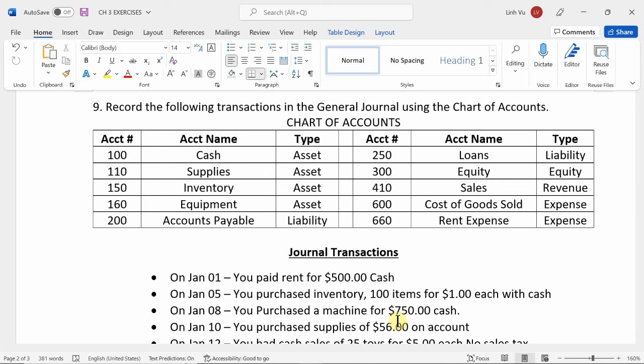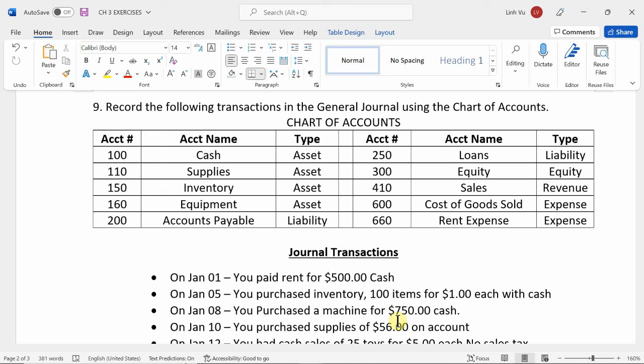How do you decrease your cash, which is an asset? Are you going to debit the account or are you going to credit the account? Credit. You're going to credit the account. That's correct.